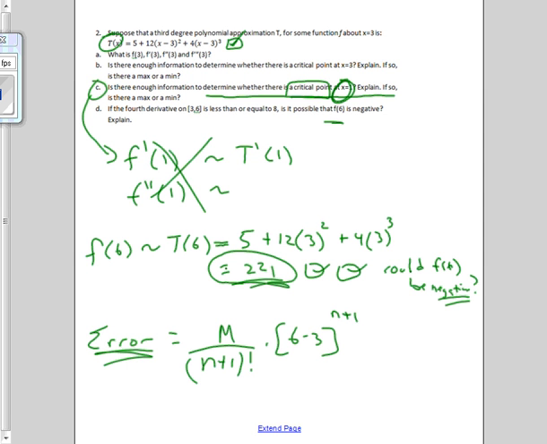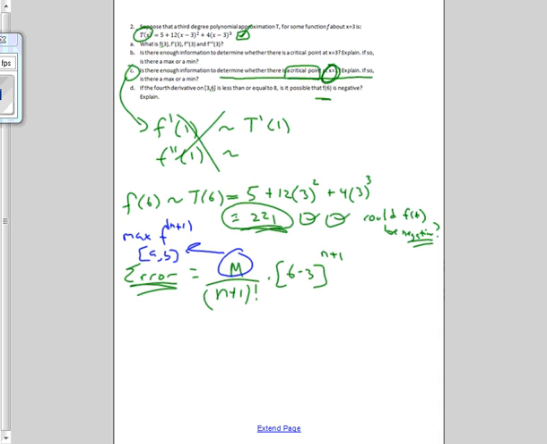And what is this M value? Remember, the M value is the maximum that the (n plus 1) derivative is on some interval. In this case, my M value, they tell us, is 8. So it's 8 over, and since we were using a third-degree polynomial, n is 3, so we have (3 plus 1) factorial times 3 to the 4th.